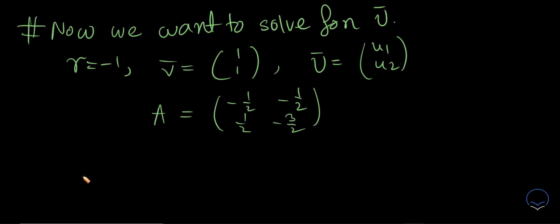And if you do that, that means A minus r times the identity, which is just the 2 cross 2 identity because this A is a 2 cross 2 matrix, times u bar is equal to v bar.